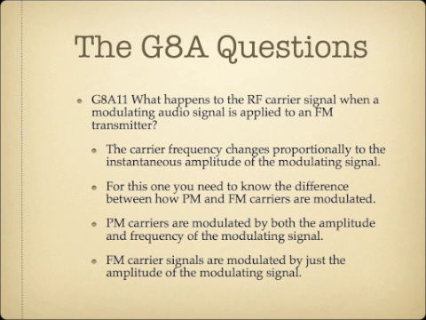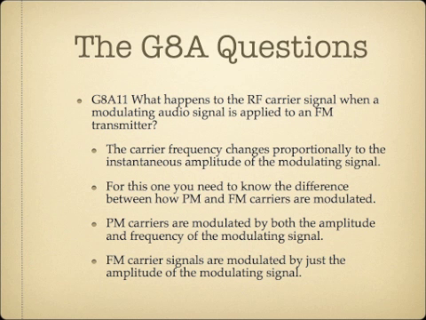And they're asking what happens to the RF carrier signal, or that blank signal canvas that we got to paint with a modulating signal. So basically, the modulating audio signal bombards this carrier wave and modulates its frequency to create a frequency modulated signal.